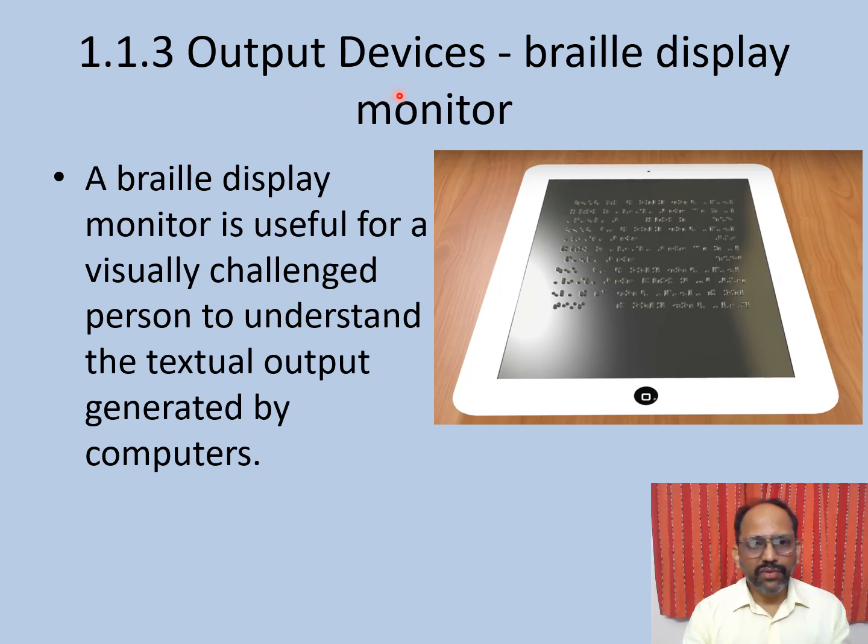We have output devices for visually challenged persons also. We have Braille keyboards for visually challenged users, and a special kind of monitor for visually challenged persons to understand the textual output generated by computers.